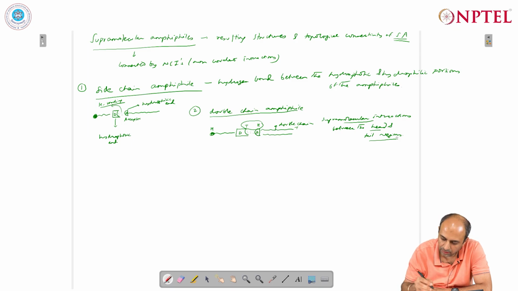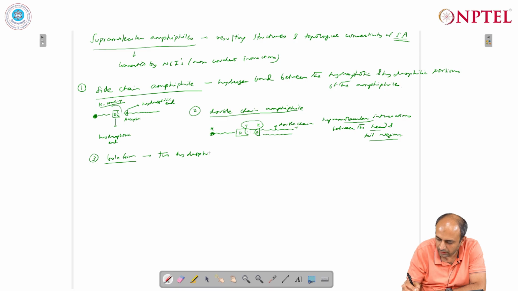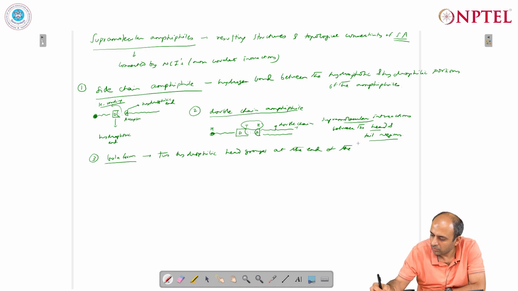The third one is referred to as a Bola form. The Bola form has got two hydrophilic head groups at the end of the hydrocarbon chain.